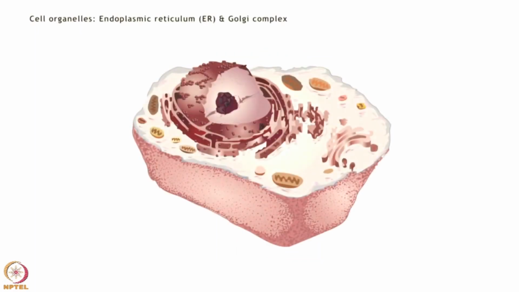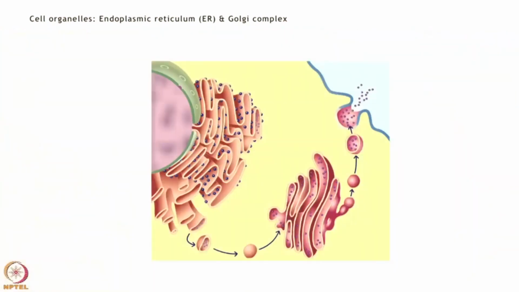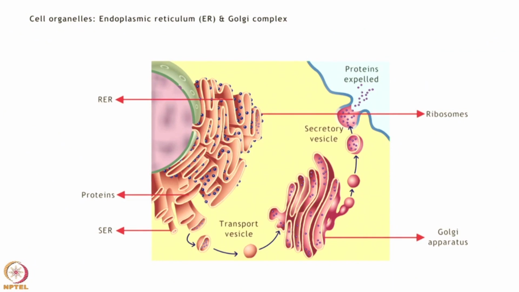The endoplasmic reticulum and Golgi apparatus are involved in synthesis, packaging, and transport of various biomolecules. The ribosome-studded rough ER is a major site for protein synthesis, while the smooth ER synthesizes lipids and steroids, metabolizes carbohydrates and steroids, and regulates calcium concentration in muscles.